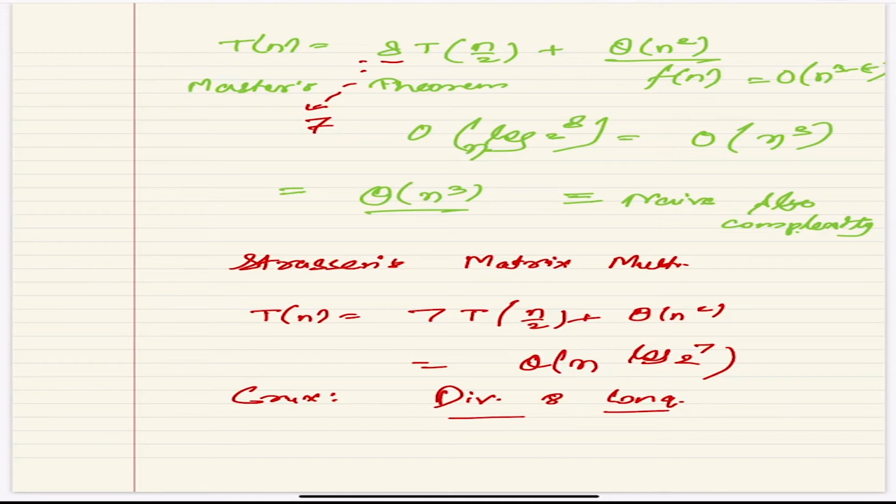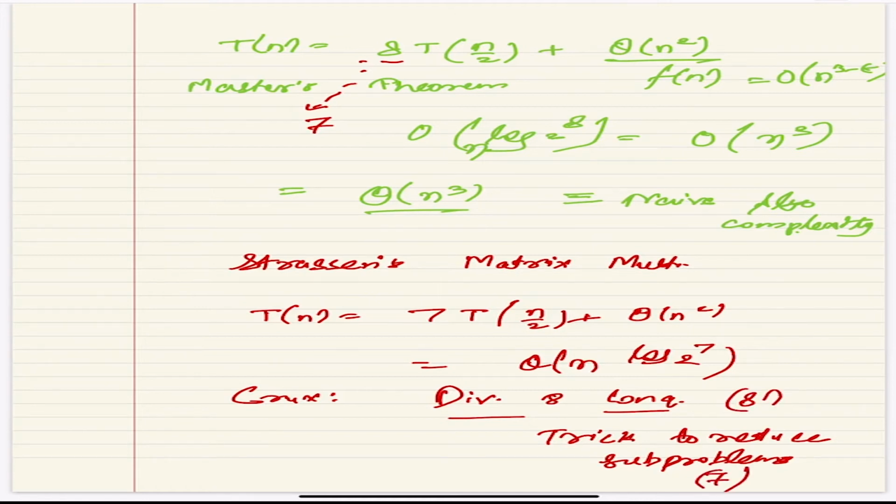So then use some trick to reduce subproblems. First came up with divide and conquer, where you have 8 subproblems. Then a trick to reduce subproblems, you get 7 subproblems, and you get a better and efficient algorithm.